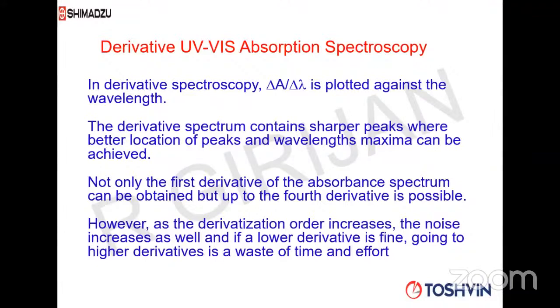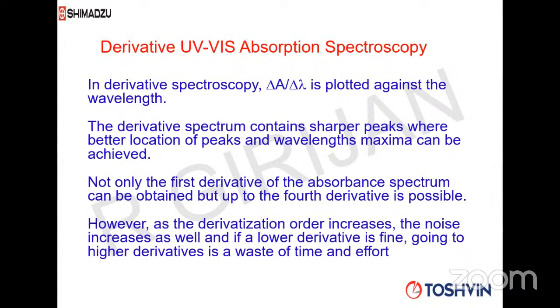So as the derivatization order increases, like first order, second order, third order, fourth order, when you go from first to second, second to third, third to fourth, there is a possibility that your noise level also will increase. And when the noise increases, sensitivity will be down.